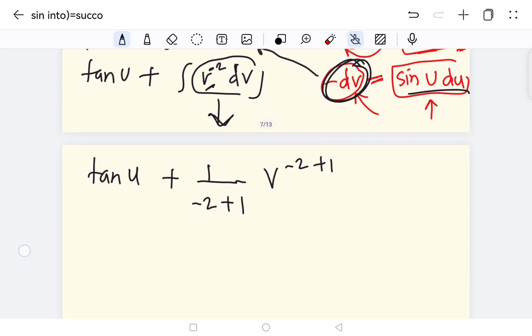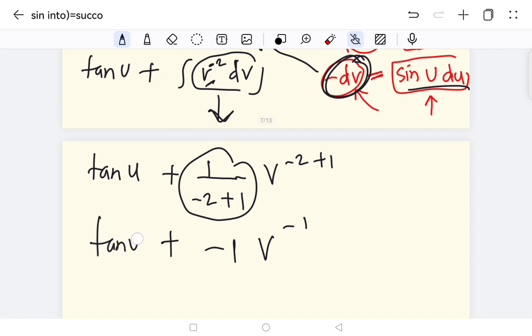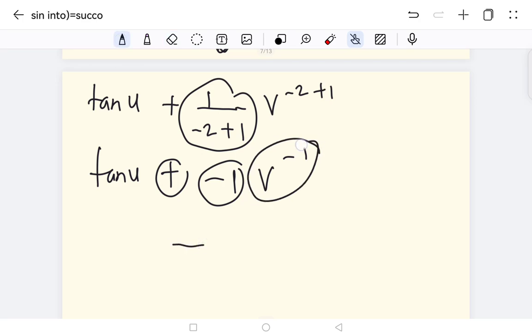And then plus, this is negative 1, v to the power negative 1. This is tangent u. Okay, so now negative times positive is negative. v to the power negative 1 is 1 over v.